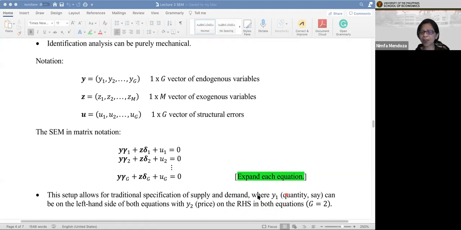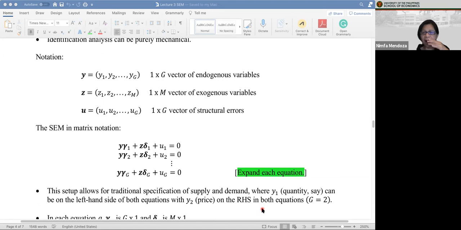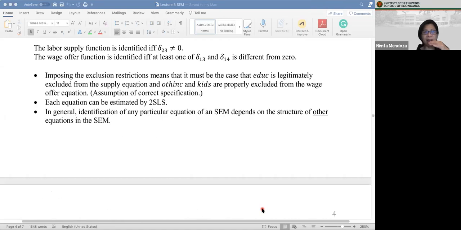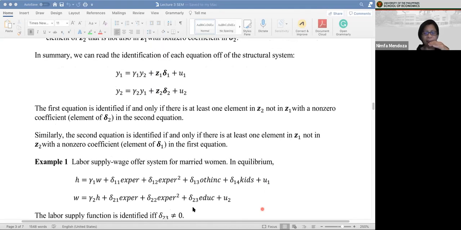So don't be surprised if you would sometimes see the model written in this form. You have Y sub 1 at the left-hand side for the first equation and also for the second equation. Because you can always re-express the equation. So for example, for the labor supply, you could have written H at the left-hand side, W on the right-hand side also.